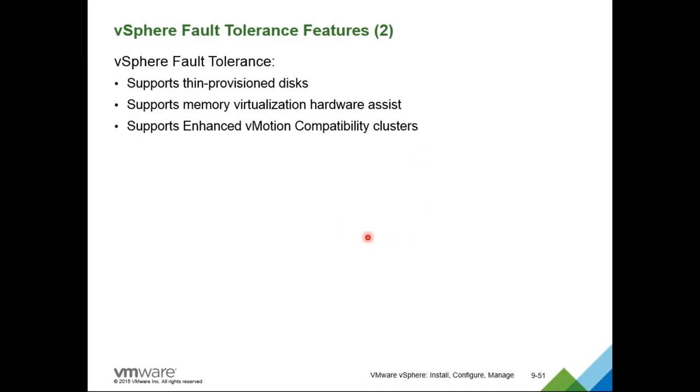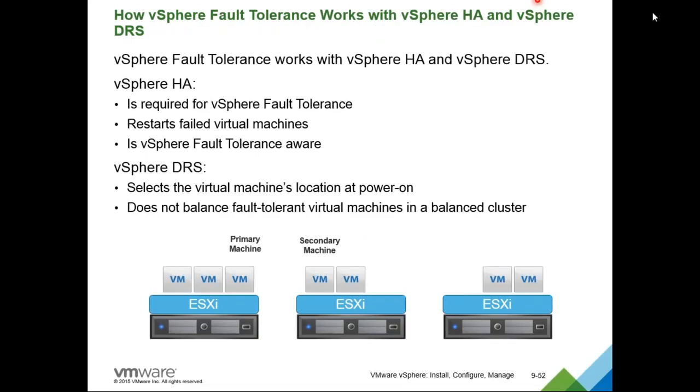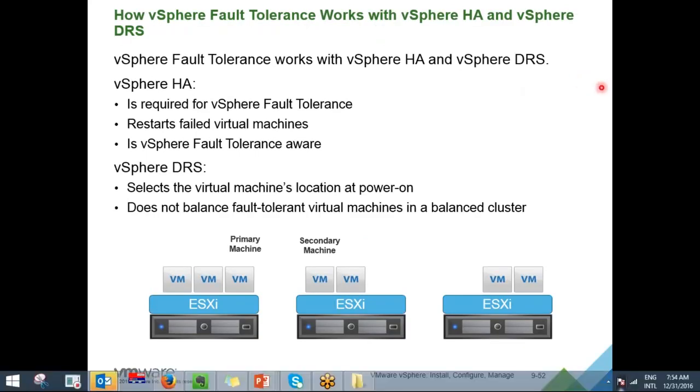So I'm moving to the next slide. So how does your fault tolerance work with vSphere high availability and vSphere distributed resource scheduler? vSphere fault tolerance works with vSphere HA and vSphere DRS enabled clusters.